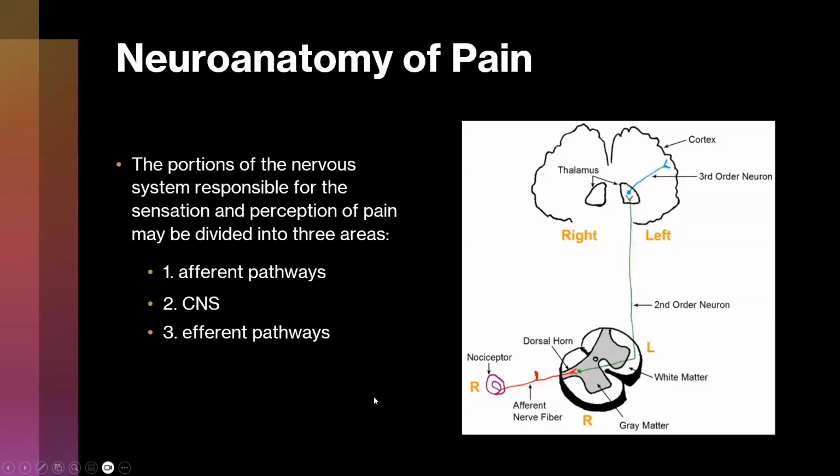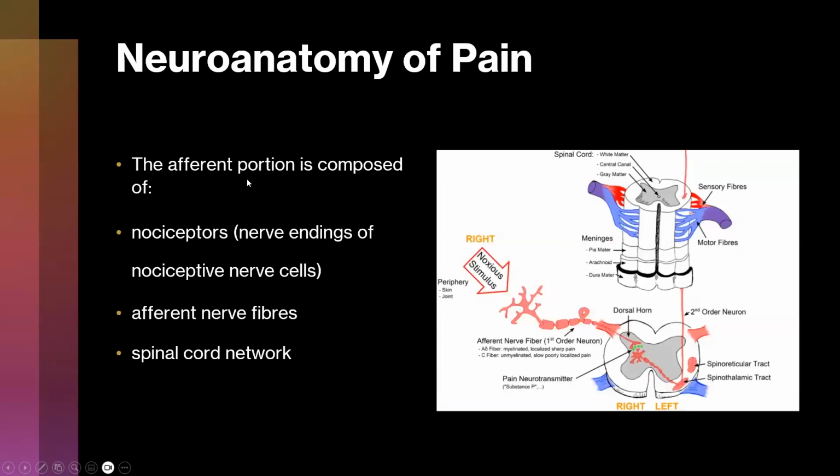Neuroanatomy of pain. The portions of the nervous system responsible for the sensation and perception of pain may be divided into 3 areas: the afferent pathways, the central nervous system, and the efferent pathways. The afferent portion is composed of nociceptors, which are the nerve endings of the nociceptive nerve cells, which we have already discussed, afferent nerve fibers, and the spinal cord network.